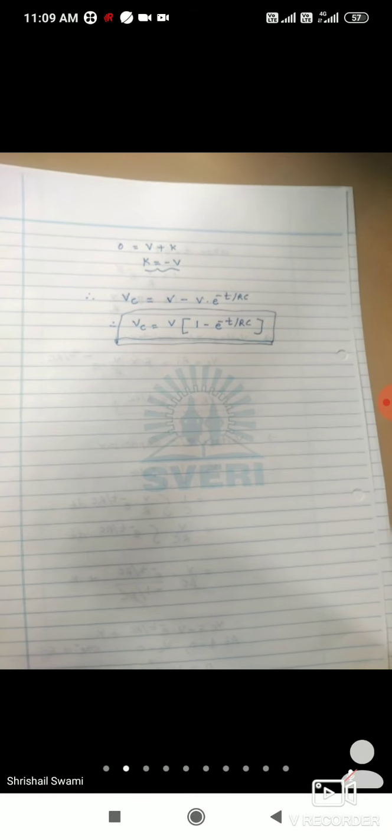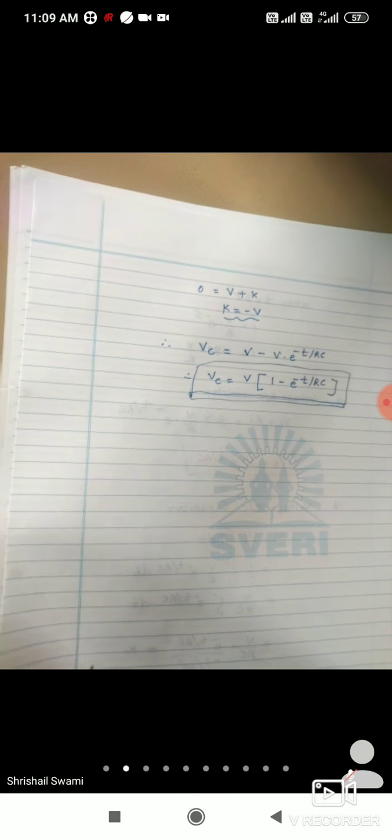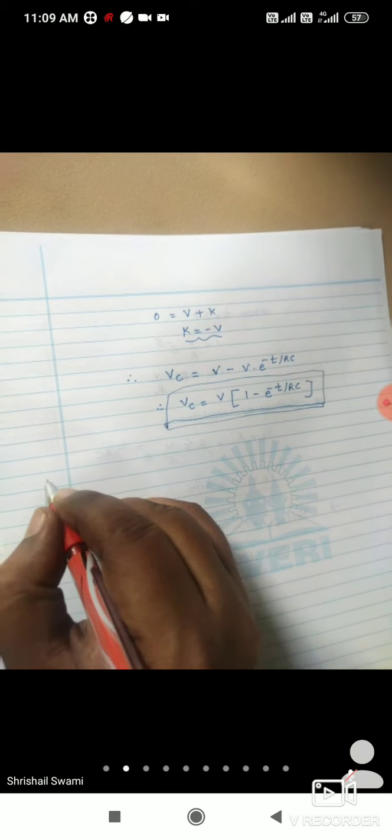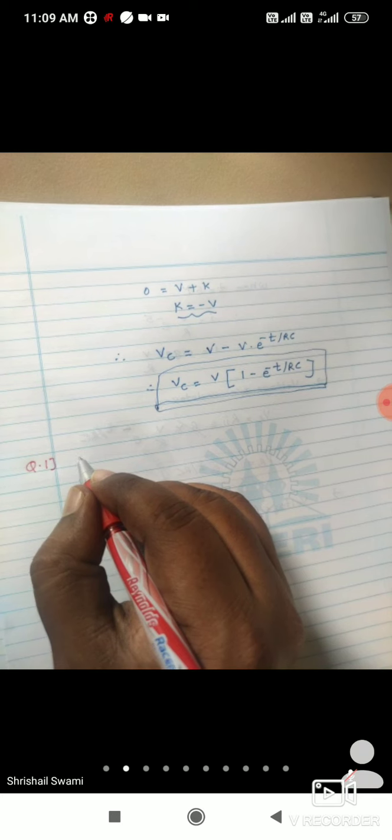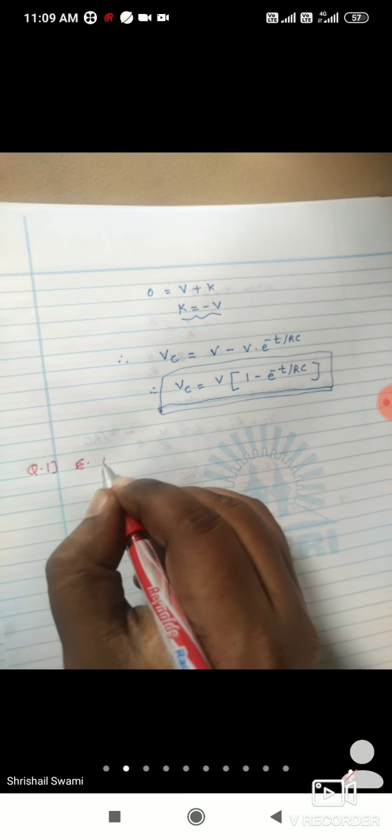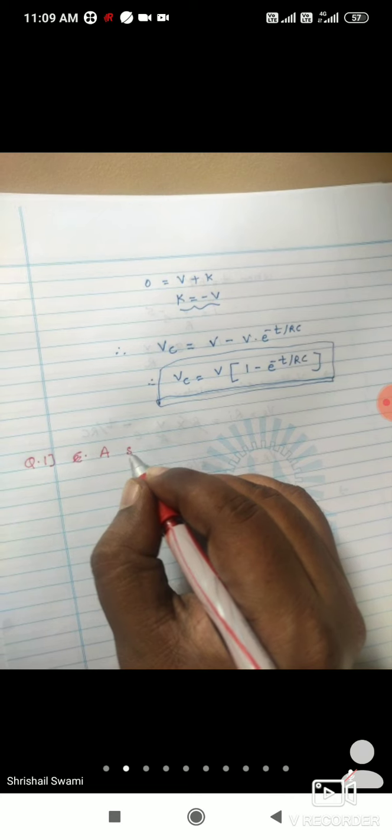We have to solve one problem today based on the RC circuit. If any doubt is there, you can ask. Otherwise, we will continue to solve the problem. For the RC circuit, we will solve only one problem here. Question number 1. This will ask for 4 marks.